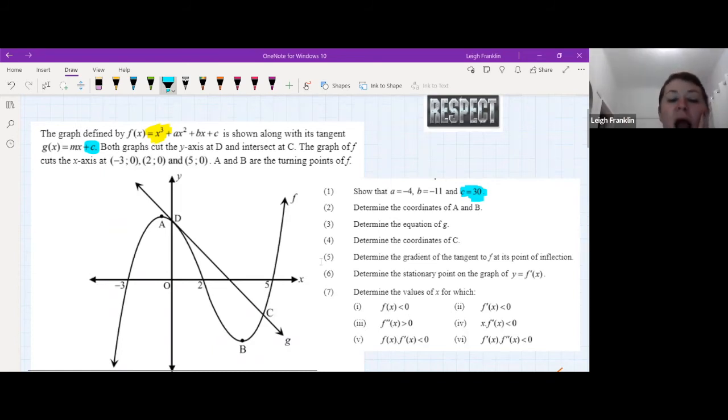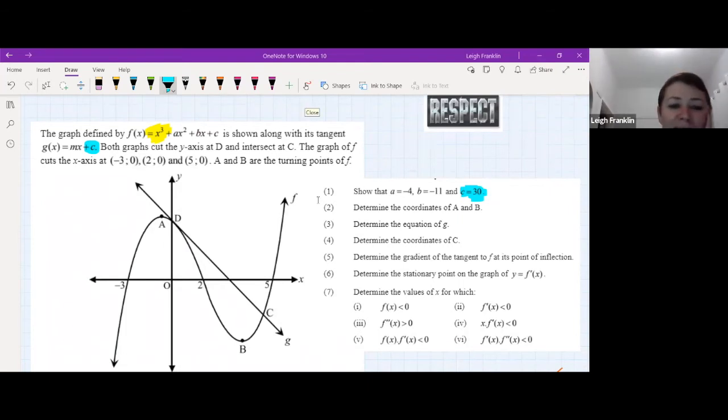Exactly. And what does M represent, everybody? M is? Exactly. It's the gradient.